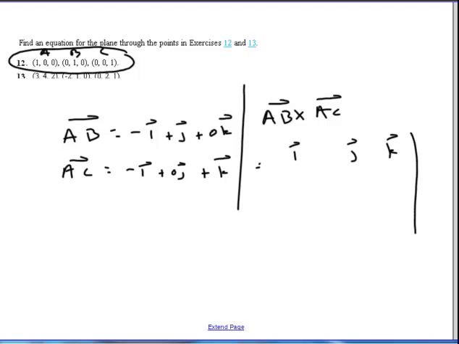I, J, K, negative 1, 1, 0, negative 1, 0, 1. We've done this a bunch now.